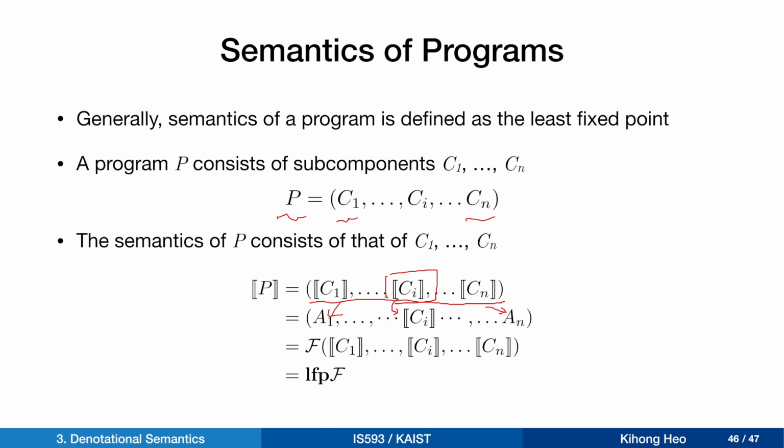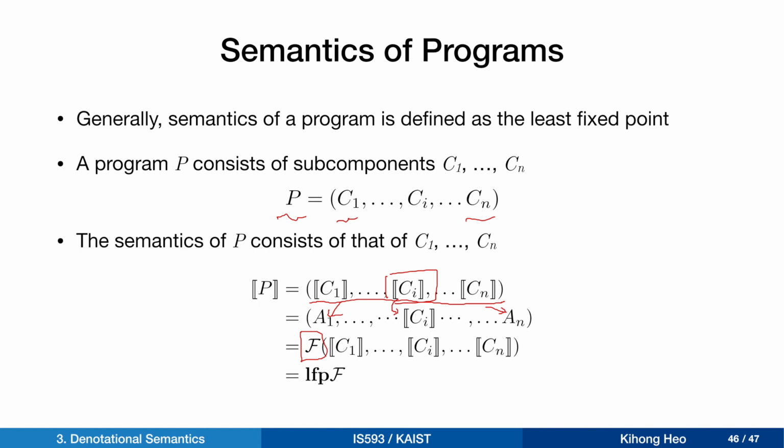So even though some of them are already compositional definitions, we can describe them as fixed points also. So the fixed point based definition is not applicable to only while, but applicable to the semantics of the whole program by introducing a more general function f that concerns the whole program.